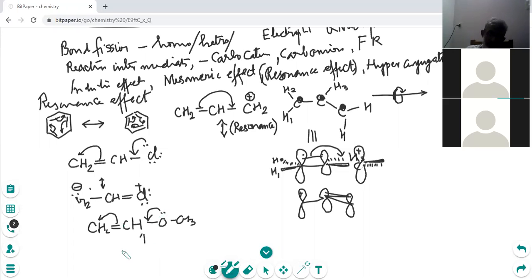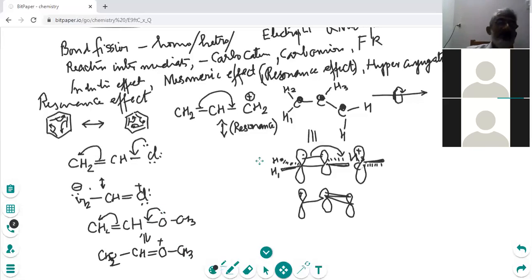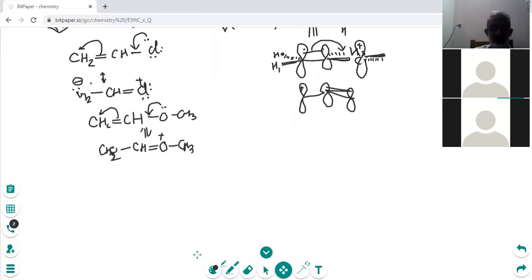What is that? CH2 minus, CH double bond oxygen with a CH3 and a positive charge. Why the positive charge? See here, you have removed these 2 electrons from here. So this is resonance effect.